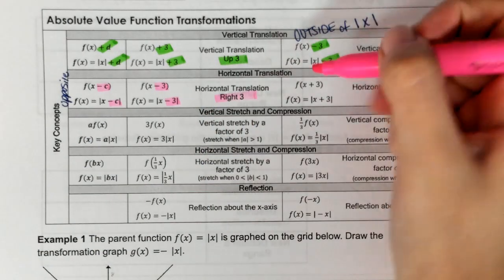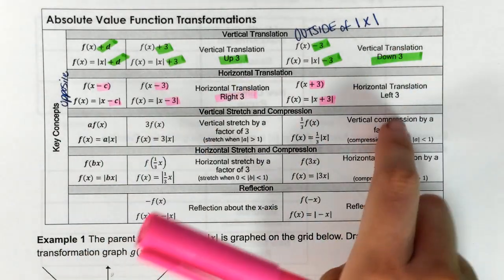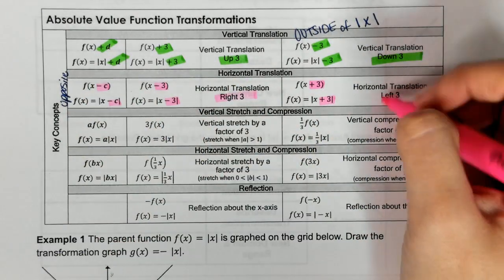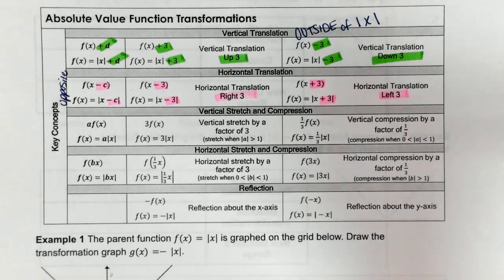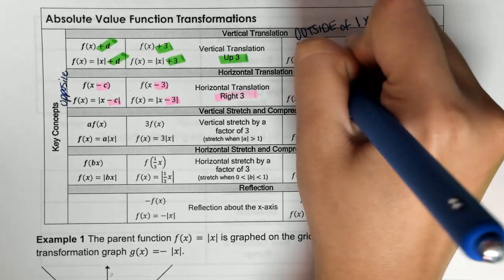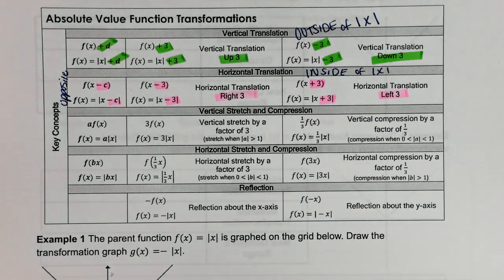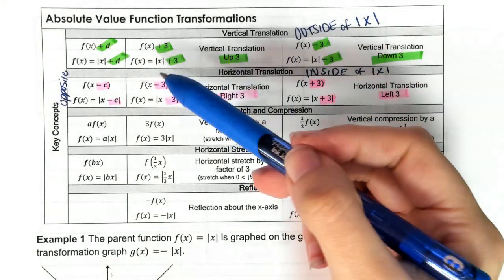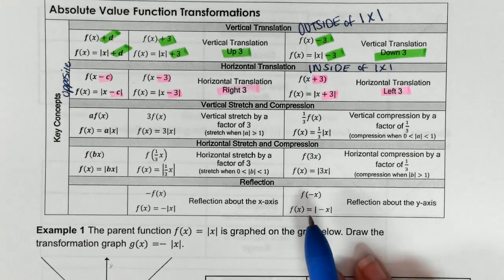Same thing, usually if you would see a positive, you would think, oh, it's going towards the positives. It's opposite, so it would go left 3. And my horizontal transformations are inside of my absolute value bars, which I can see here, or my function notation parentheses.